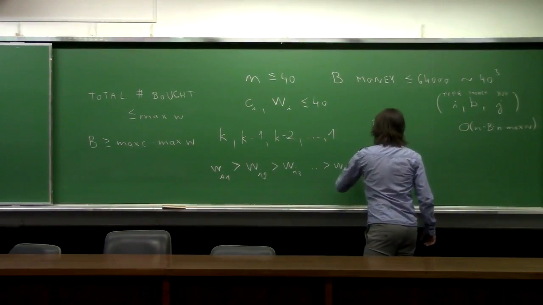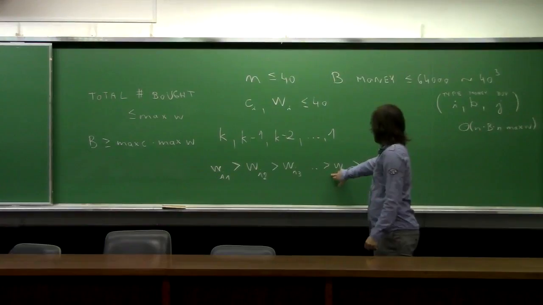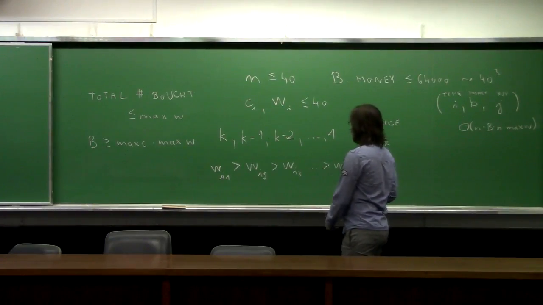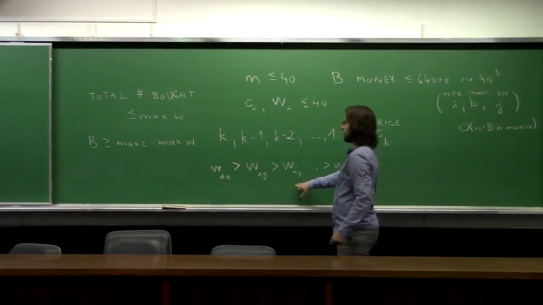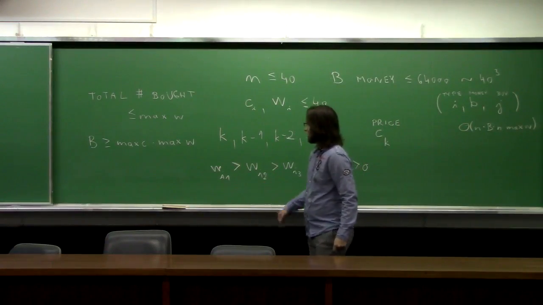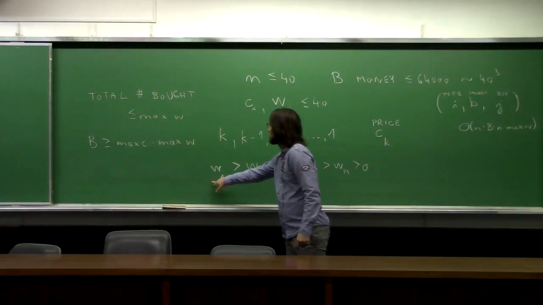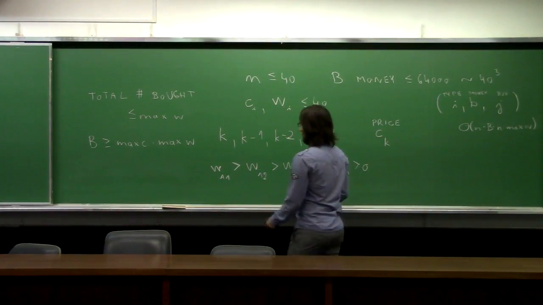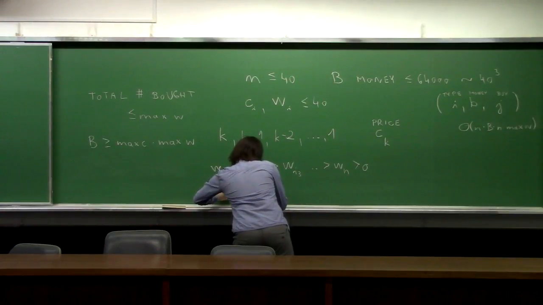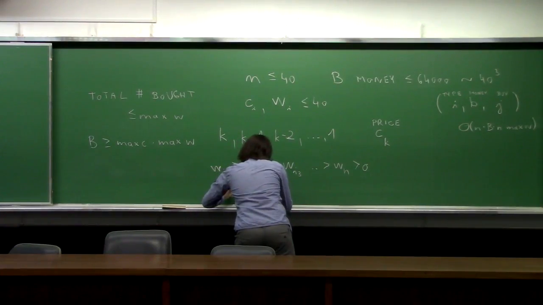Of course, if it's greater than 0, and we bought this many suites of this type, Wi2 minus Wi3 suites of type I2, and so on, and Wi1 minus Wi2 suites of type I1.